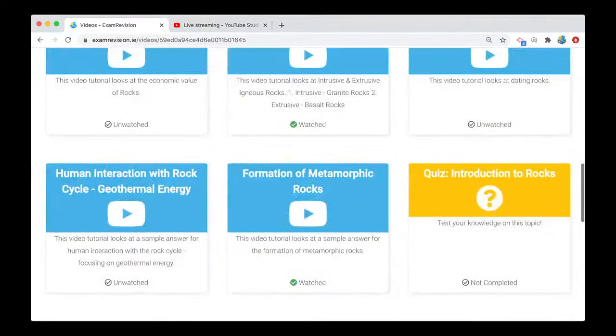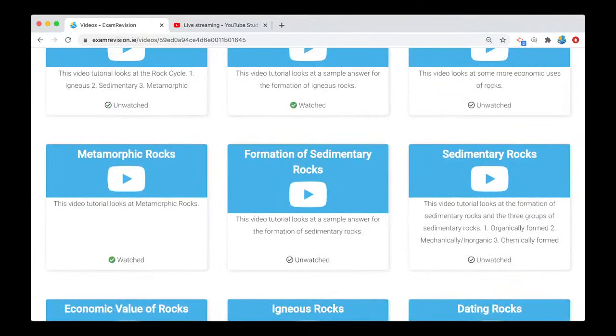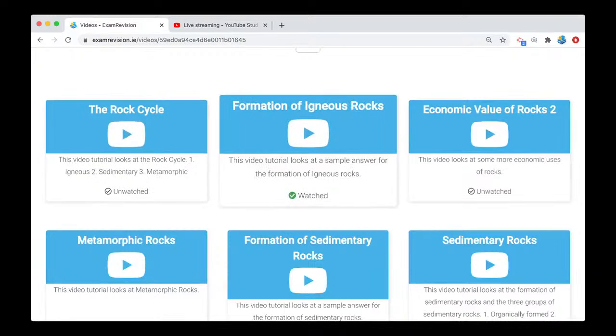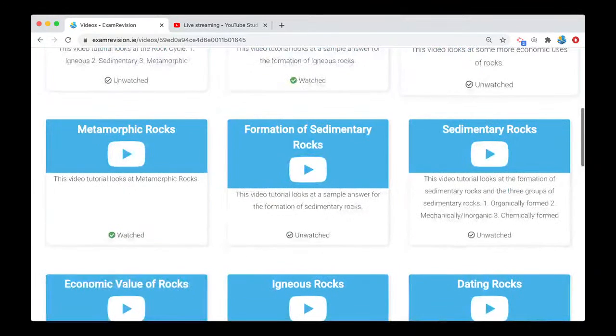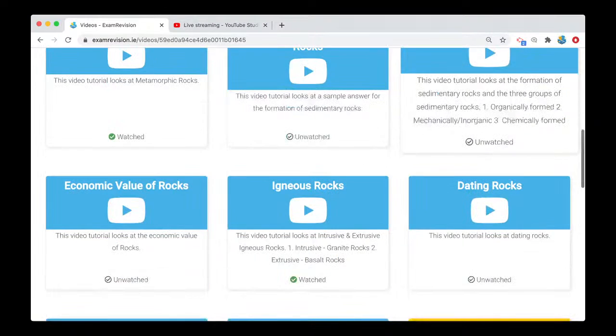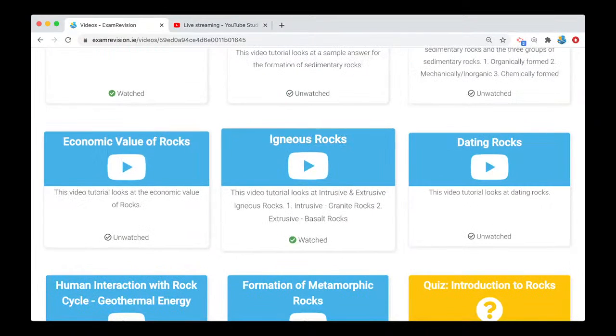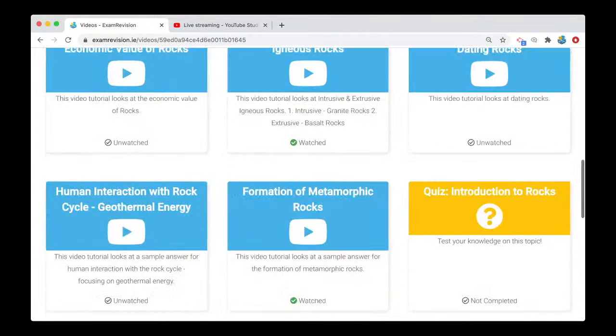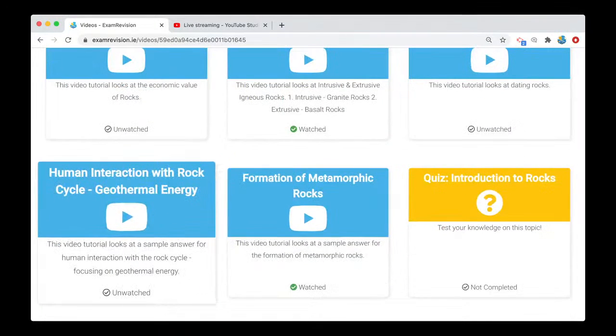You can see the rock cycle, the formation of igneous rocks, economic value of rocks, metamorphic rocks, formation of sedimentary rocks, economic value of rocks, igneous rocks, how to date rocks, human interaction with rock cycles, so geothermal energy, and then the formation of metamorphic rocks.